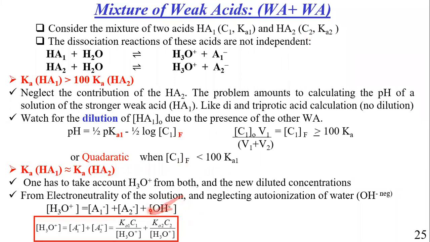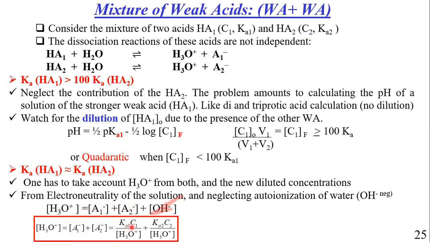Once I've removed the OH minus, that means H3O plus is only these two A minuses. And what do I do here? I convert each of these A minus into some expression which has only concentration and H3O plus. Okay, now, how do I do that?